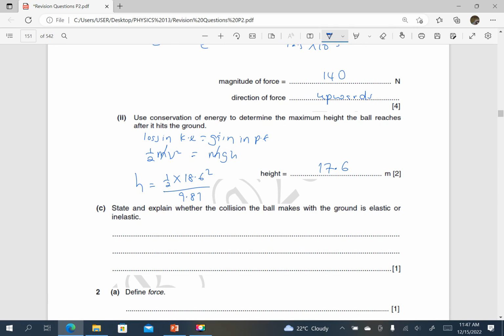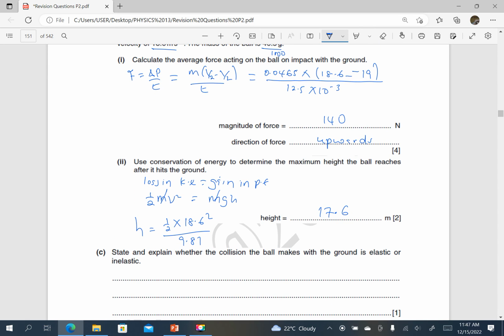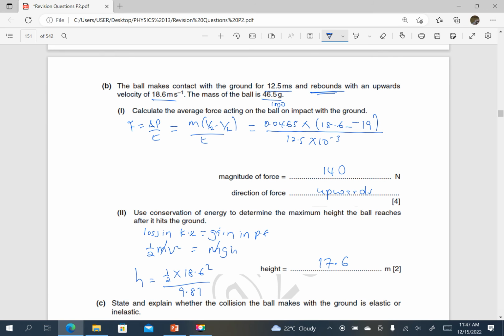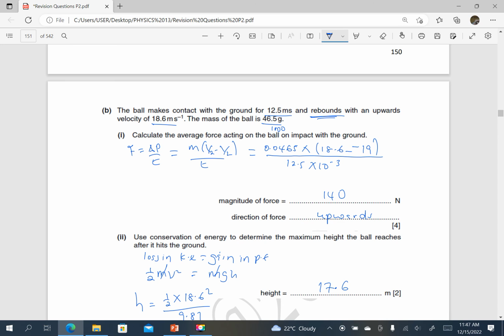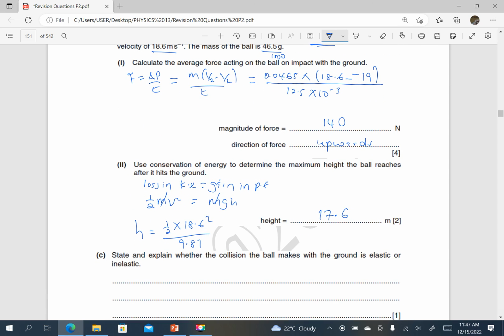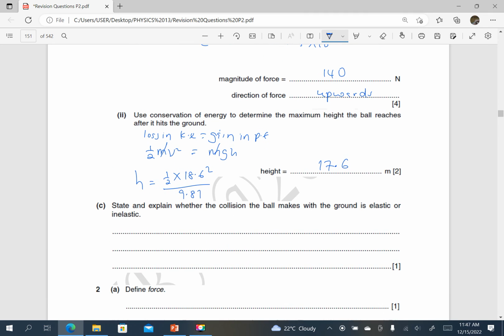State and explain whether the collision the ball makes with the ground is elastic or inelastic. We can check if kinetic energy is conserved, but you see that it was falling with a speed of 19 meters per second and it rebounds with a speed of 18.6 meters per second. That means kinetic energy is not conserved. And if kinetic energy is not conserved, then it means the collision is inelastic.